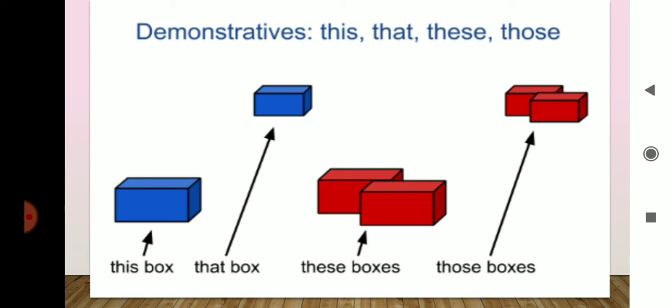You can see one picture here and can identify very well that this, that, these, those are determiners that are used to point out objects close by or at a distance.